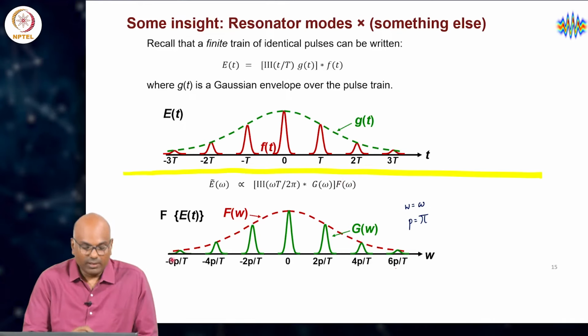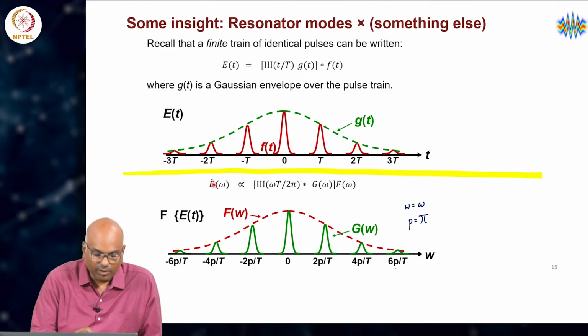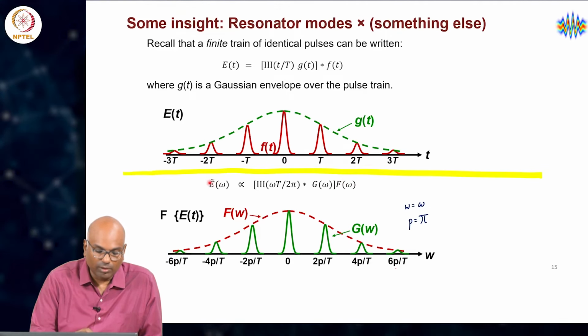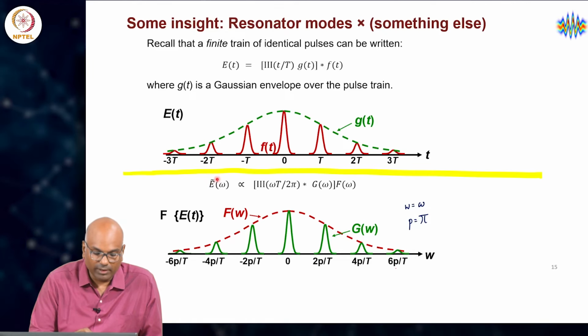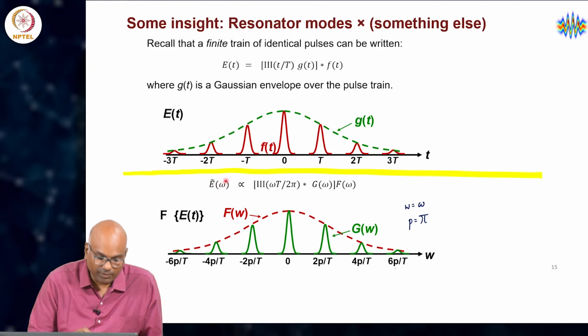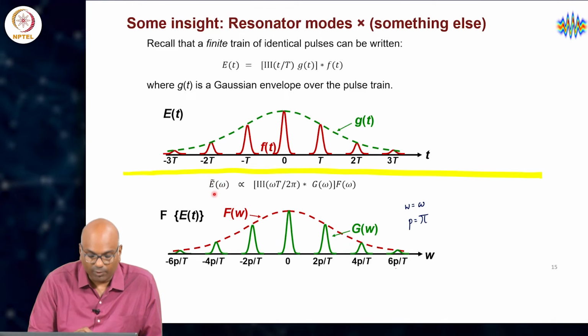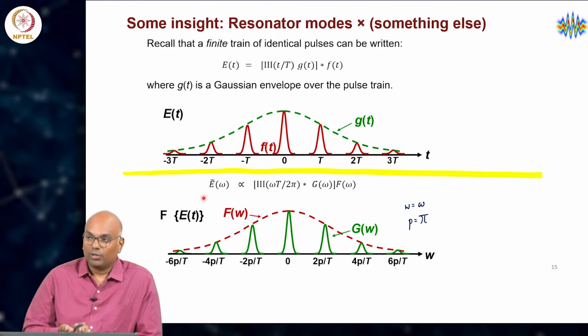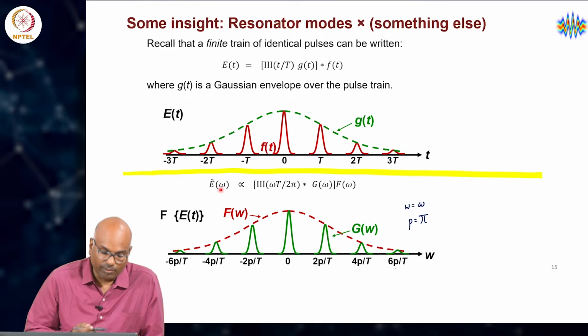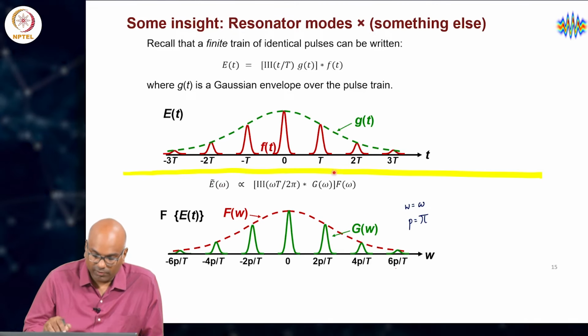Now this is the mathematical description of E tilde, the complex electric field, written in terms of the frequency. So it has indeed been Fourier transformed from the time domain to the frequency, or angular frequency, domain, and has this functional form.